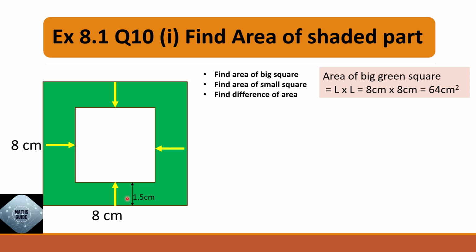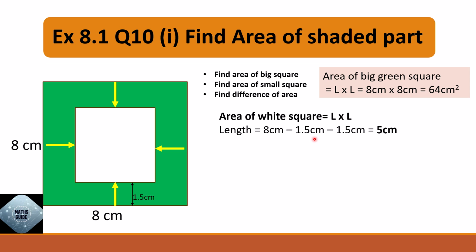As it is a square, we can subtract 1.5 from this side and 1.5 from this side, and we will get the length 5 centimeter. So 8 centimeter minus 1.5 centimeter is 5 centimeter. It means the length of each side of this small square is 5 centimeter.